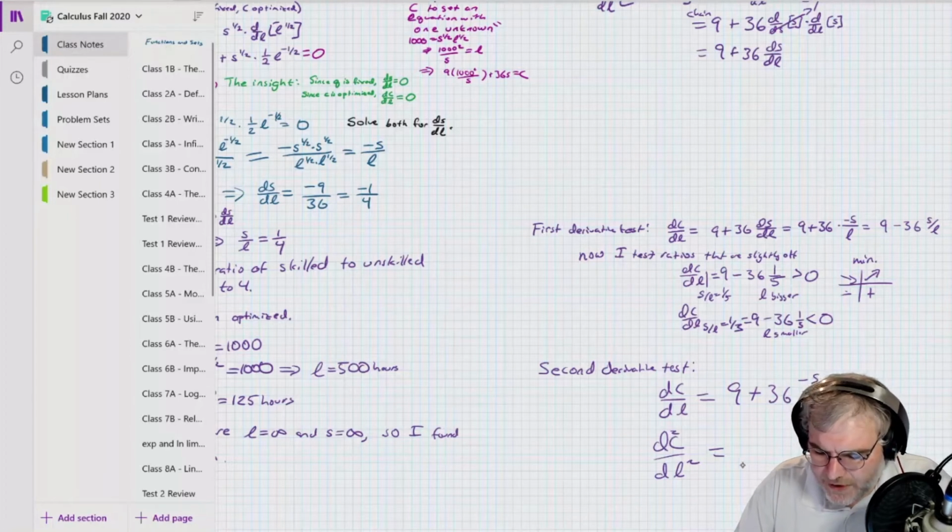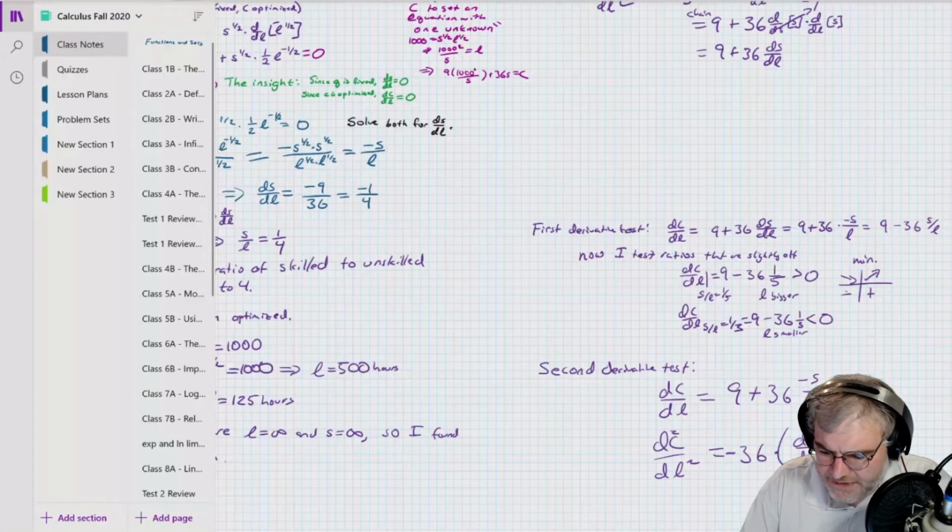You wind up with 36 times, here's S, so I'm just going to do 36 times the whole thing, and I'm going to pull out that negative. So the top here is dS over dL. The derivative of the first times the bottom, minus the derivative of the bottom times the top.